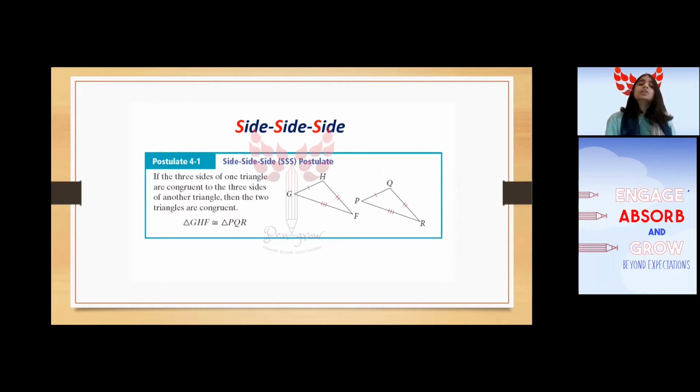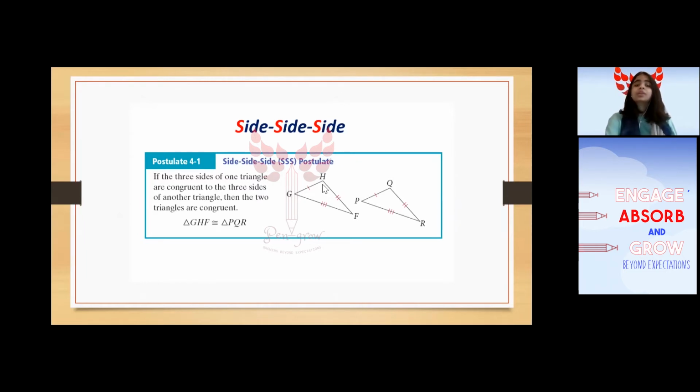That all three corresponding sides are equal. Again, I'm using the word corresponding, and I'll explain why I am using it specifically. In this case, GH is equal to PQ, HF is equal to QR, and GF is equal to PR. So that means that this is a congruent triangle.